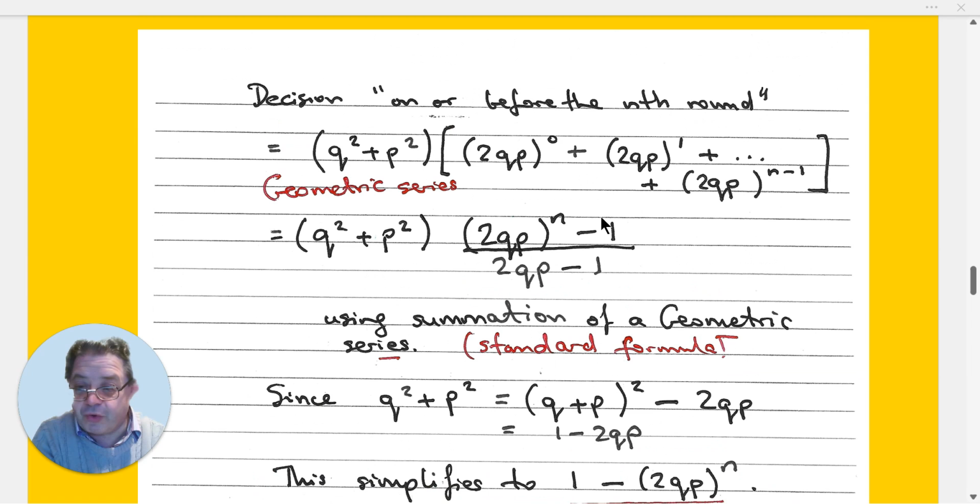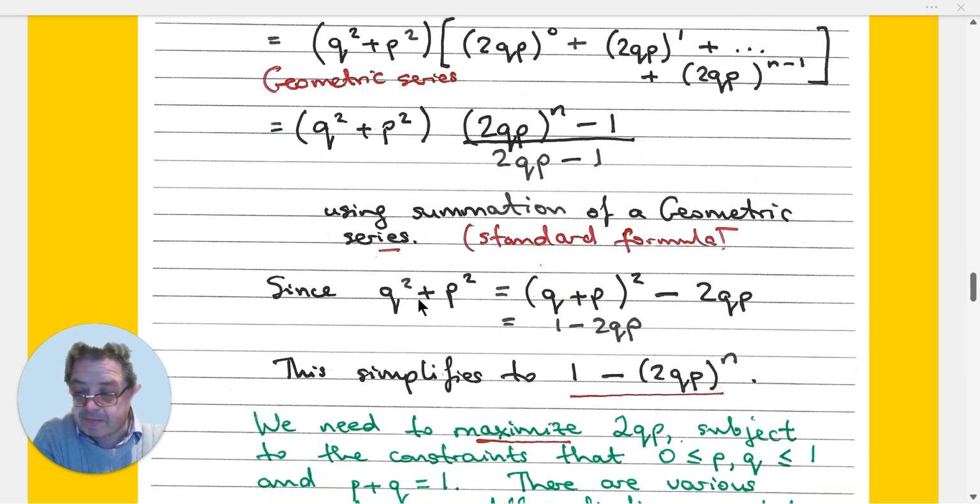So a decision on or before the nth round, we have n terms of the geometric series: (q squared add p squared) times (2qp to the 0, add 2qp to the 1, through to 2qp to the n minus 1). Using the formula for the sum of a geometric series, we get (2qp) to the n minus 1 over 2qp minus 1.